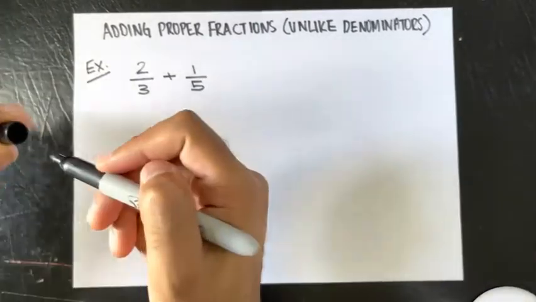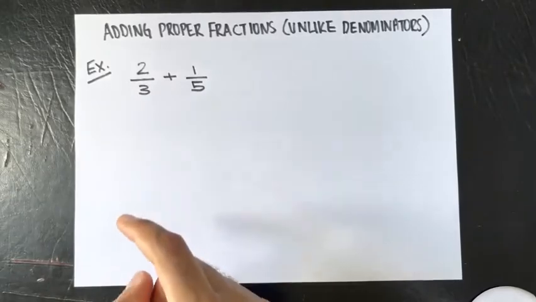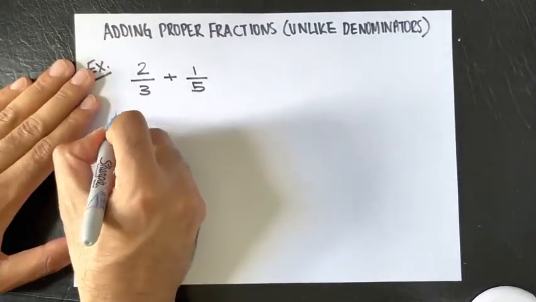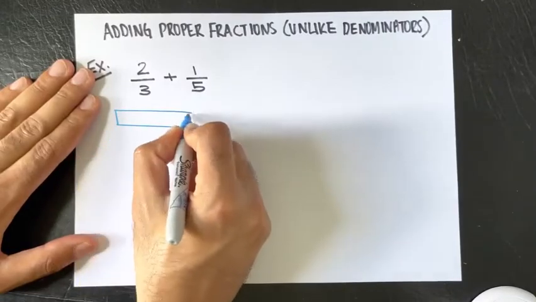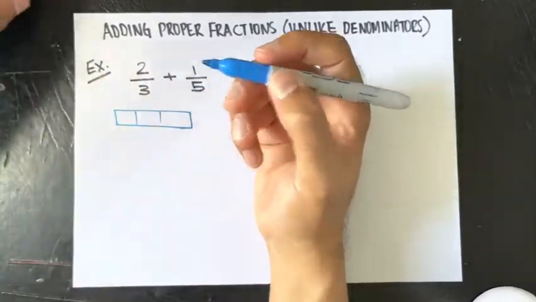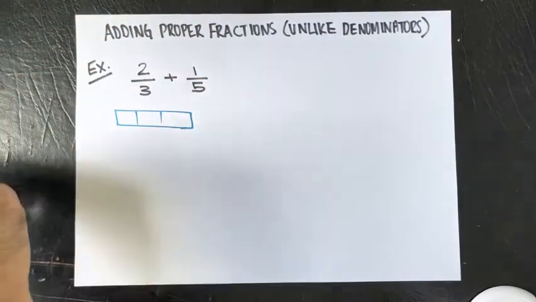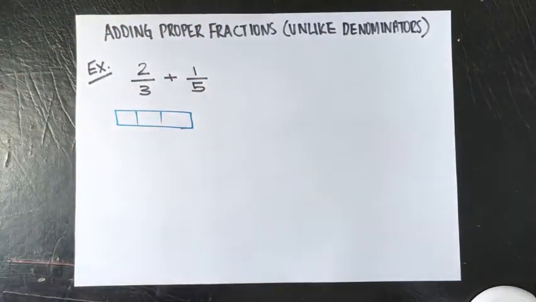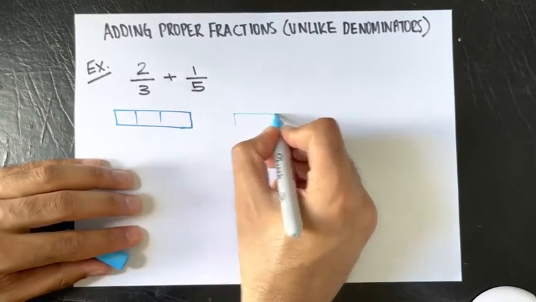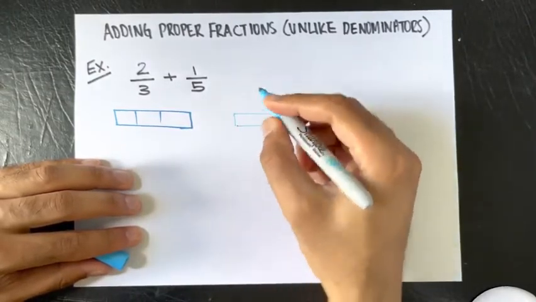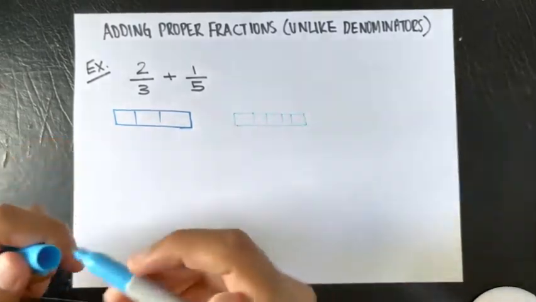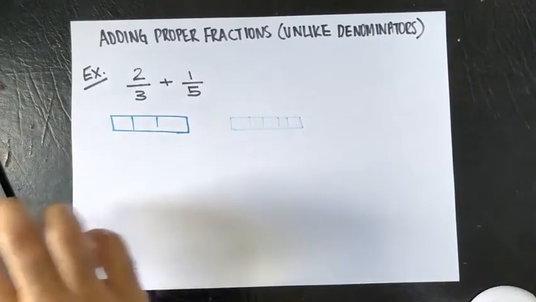It's still a proper fraction in that 1 is equally divided, so we can represent 2/3 like that, and 1/5 like that.